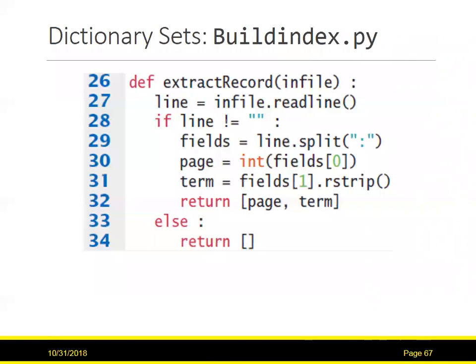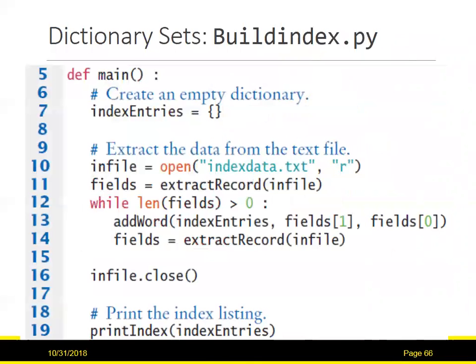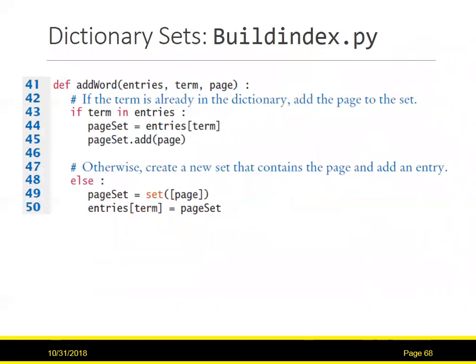a list of the page that it was on and the term. So it looks like they already found what pages each word was found on. It's just all in a file called index data, which we don't have access to.